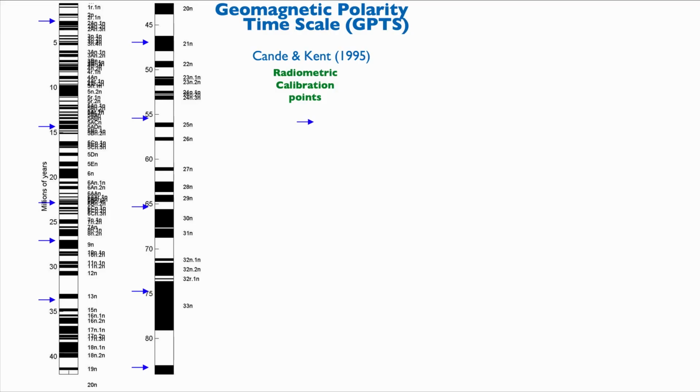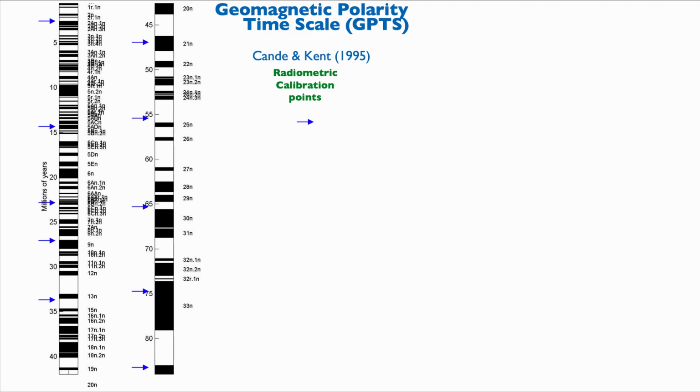So these are all limitations of radiometric dating, which is why it's so exciting to be able to apply this to the basalts, where we have a GPTS record, a global polarity record for paleomagnetism. And this is what Cande and Kent did in 1995. They looked at the polarity record, and they used, here you have the blue arrows, they used some of those basalts to do absolute dating.